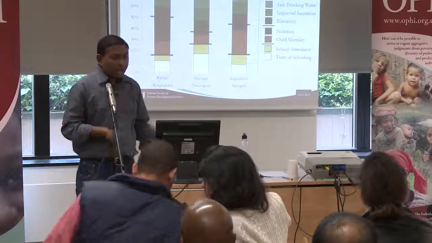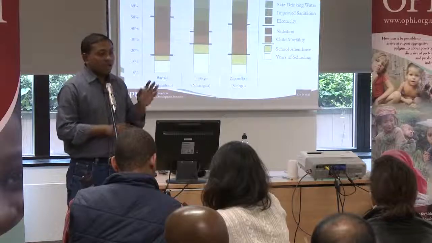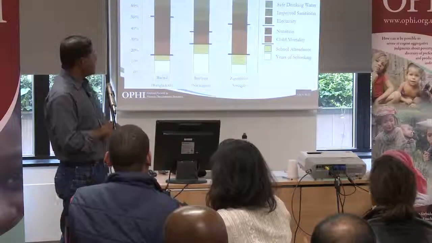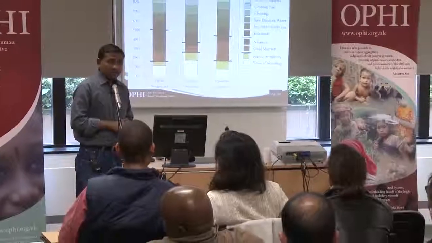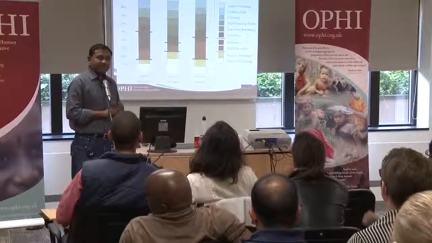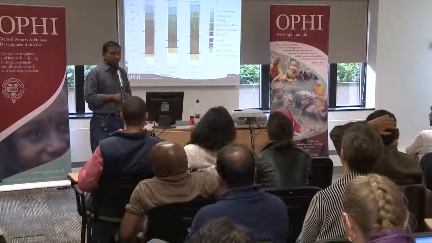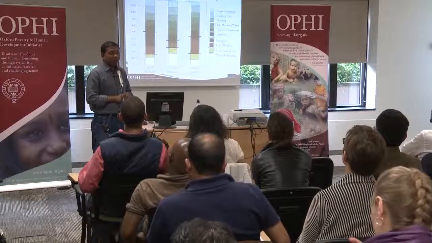Okay. Now what we can do, and how we have used the censored head count ratios and their relation to M0 for our analysis. So here you have an example of 3 different subnational regions from 3 different countries which had very similar MPI, and you have this example in the book chapter as well, but a very different composition across these different indicators.